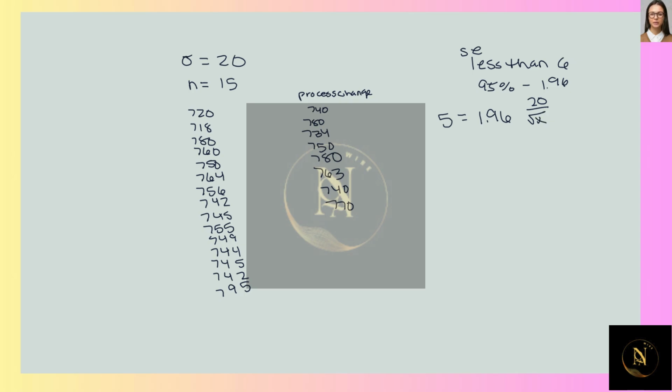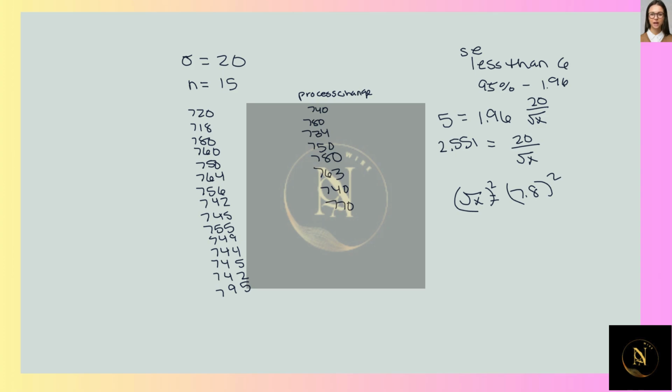And so if I do 5 divided by 1.96, and so that's 2.551, that equals 20 divided by the square root of x. And so then I have the square root of x equals 20 divided by 2.551. And that is 7.8. And so I would have to square both sides.